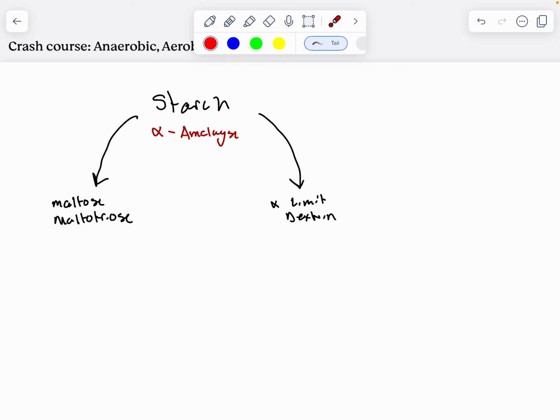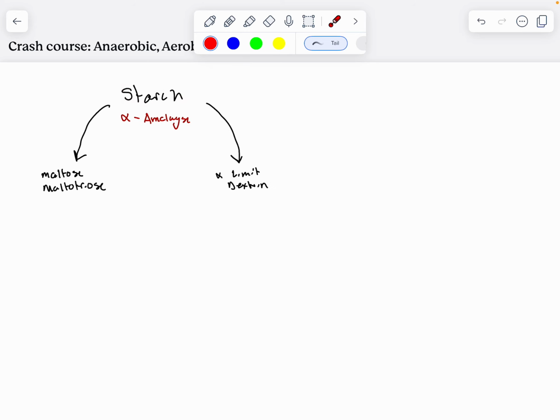So as soon as starch gets into our system, alpha amylase is going to act upon that starch and break down every other alpha 1,4 bond to give us maltose, maltotriose, and alpha limit dextrin. I just like to refer to them as our intermediate steps, but they can be broken down even more to get to our final level of glucose.